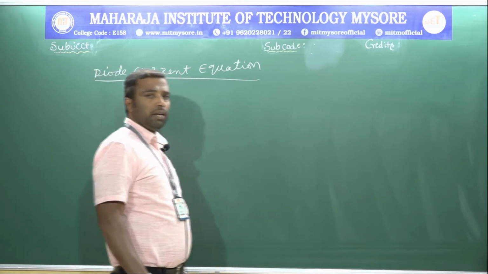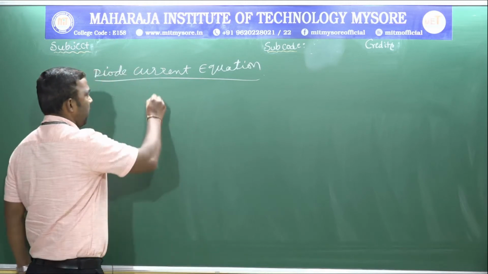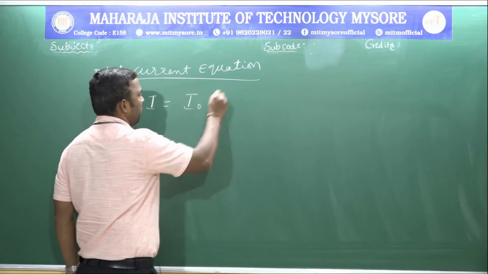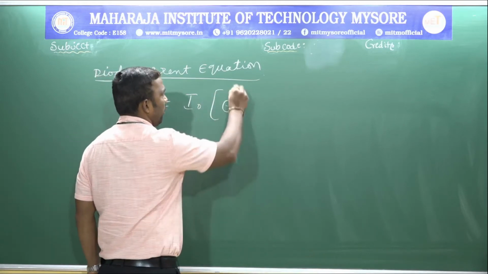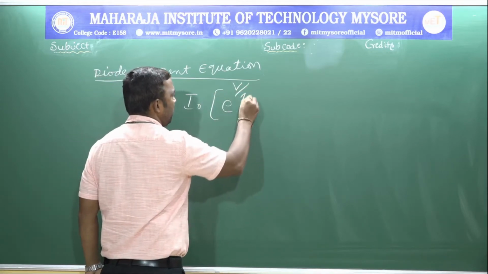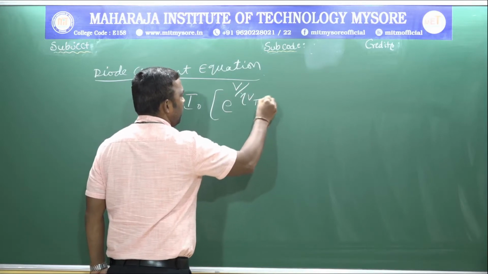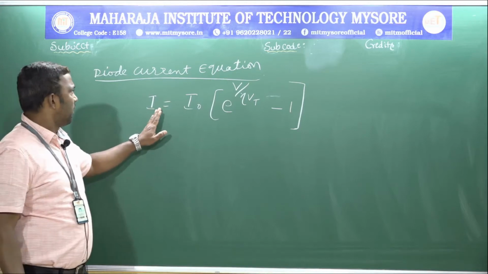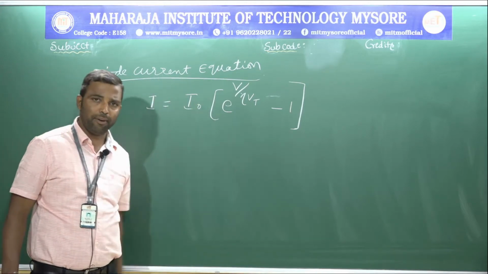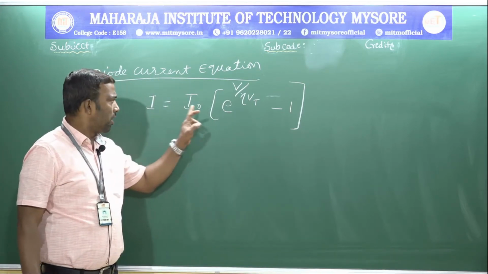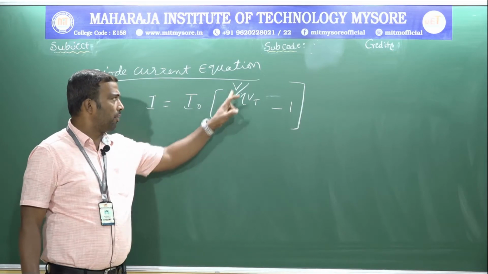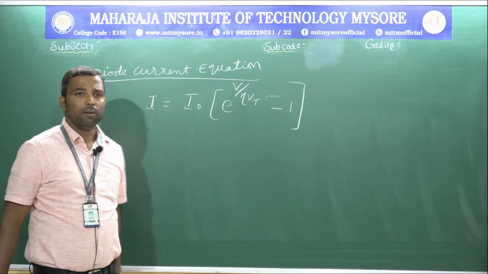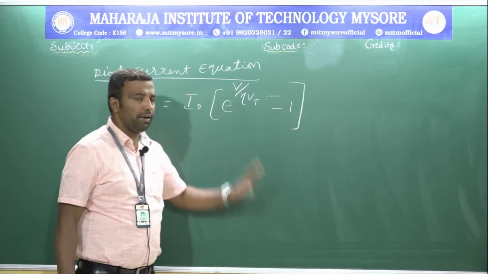The diode current equation is given by I equal to I naught into e power V by eta Vt, minus 1. This is nothing but the diode current equation.